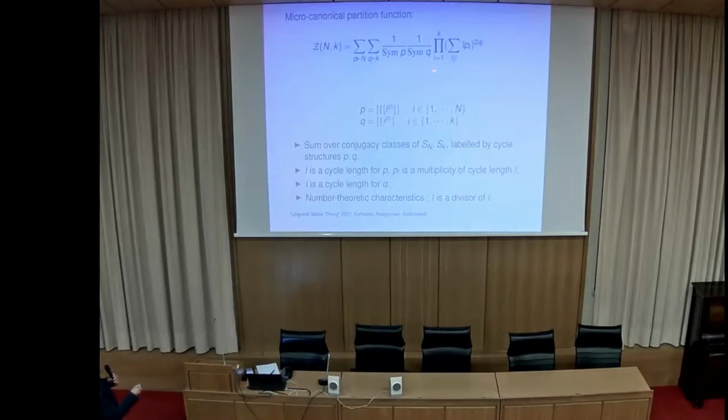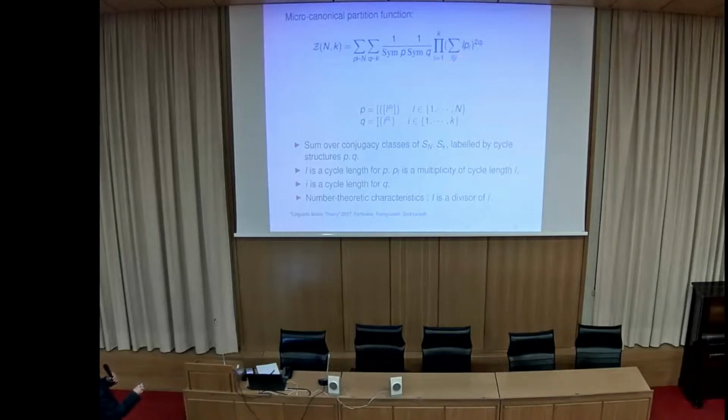You have a product from i equals 1 to K, and a sum over cycle lengths for this S_k partition, with a condition that L, which represents a cycle length for S_N, has to divide the cycle length for S_k.